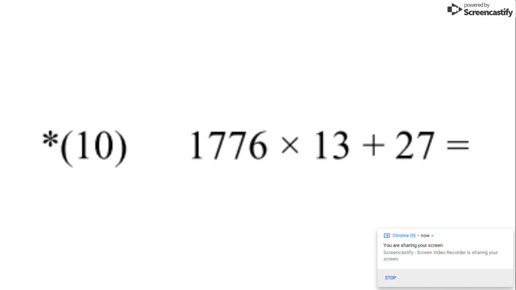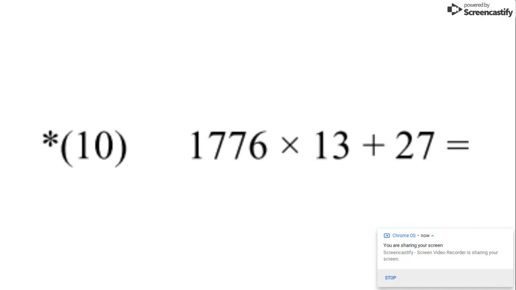First, I want you to round 1,776 to 1,800. If you want to go up to 2,000 to make things easier, you will not be within 5%. So 1,800 times 13 would be the same thing as 1,800 times 10 plus 1,800 times 3, and you see I'm breaking that 13 into 10 and 3, just like we've been doing.